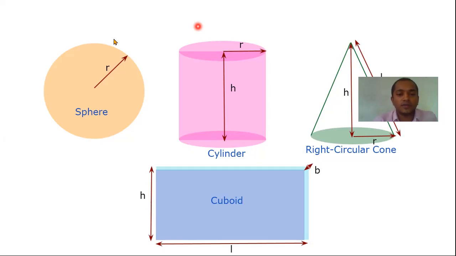And the volume of a sphere is 4 by 3 pi r cube. When we are trying to find the surface area, we are dealing with two dimensions, so you can relate it to r square. When we are dealing with a two-dimensional parameter, the power of r is square.